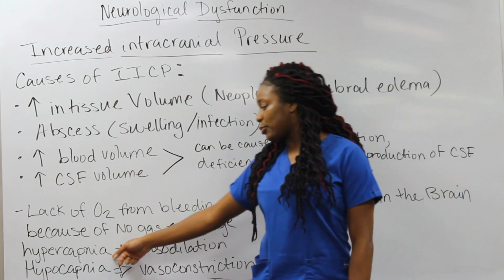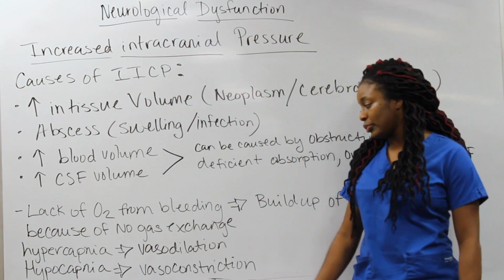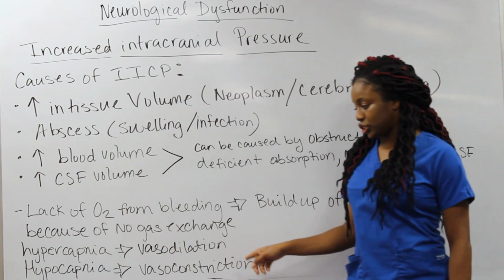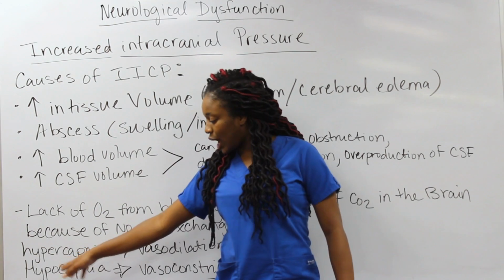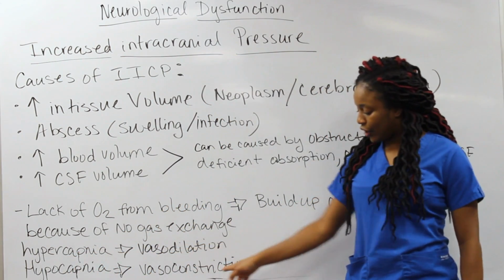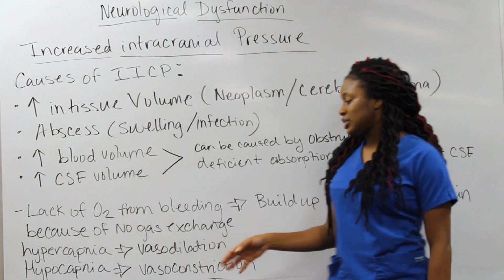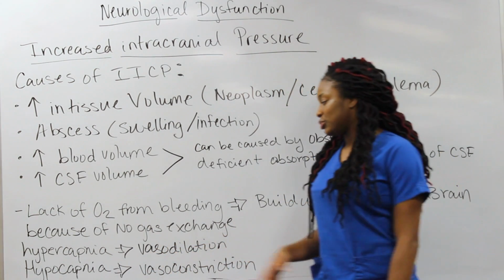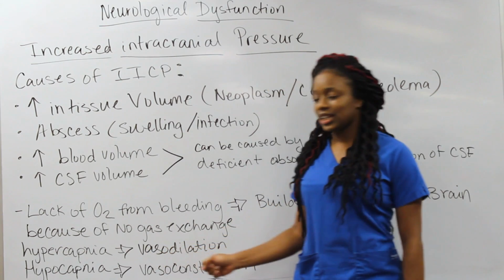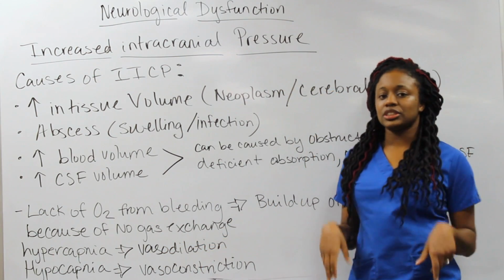And when you have hypercapnia, an increase in CO2, you have vasodilation, and a decrease in CO2, you have hypocapnia, which gives you vasoconstriction. Now, this is where I say you have the two evils here. You may think, oh, when you're dilated, it helps to decrease the pressure.